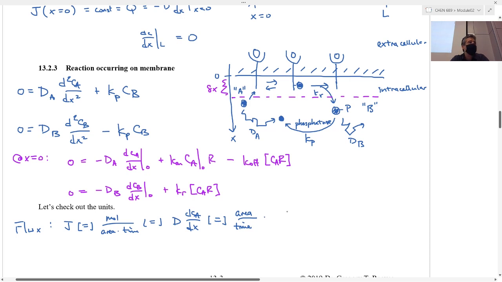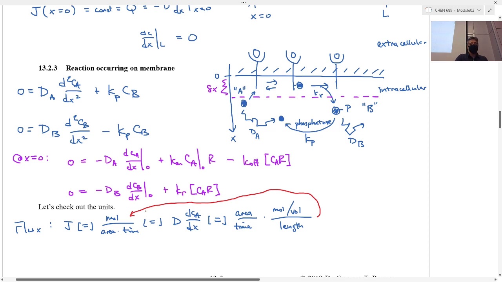And then concentration has units of moles per volume. And then per dx has units of length. So this does eventually translate into the units of flux that we need. Okay, so that's flux, and we knew that was true from last time.